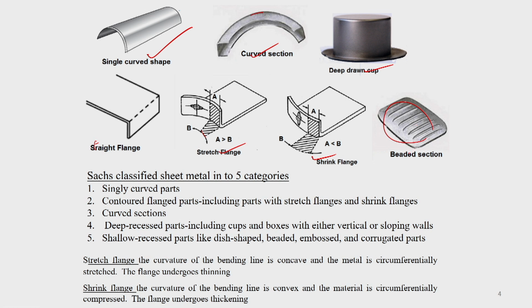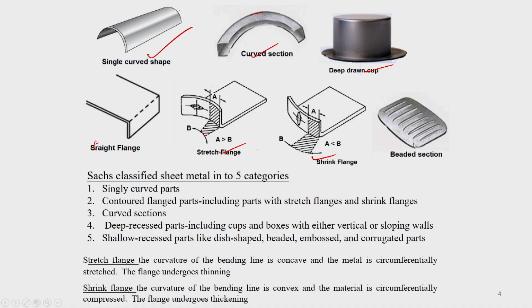Even in railways, you will find many of these things. Earlier in toilets and other things, you will get these parts. So, the major categories classification he has made is into these 5 parts, and let us look at some of that.